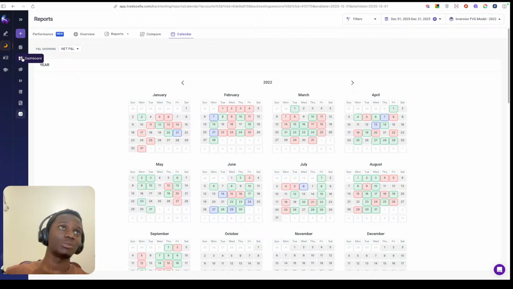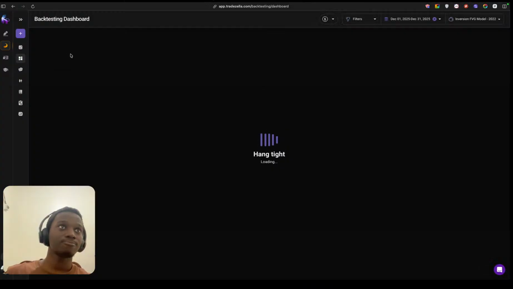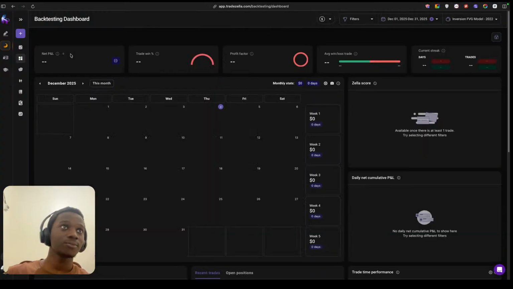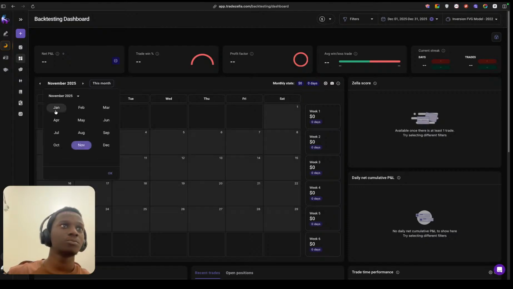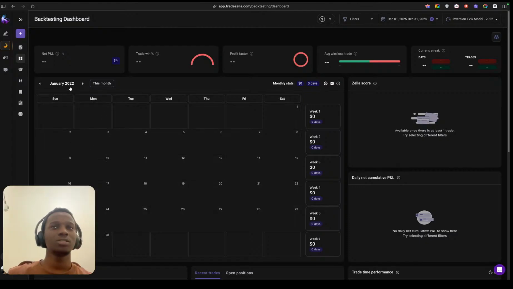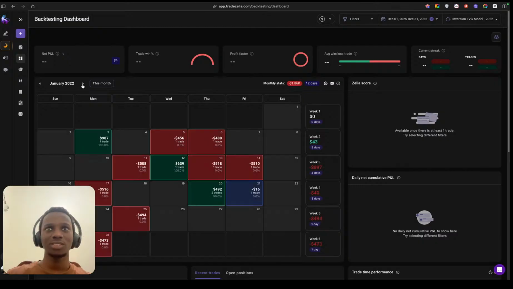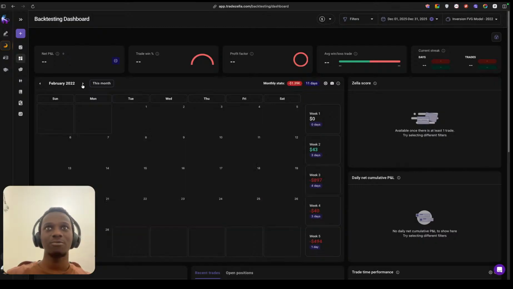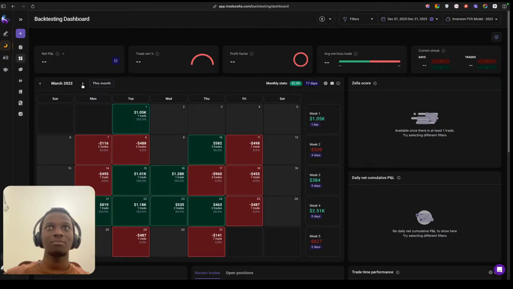When we check the dashboard, in January 2022 you can see we were down 1.86k, negative month. February, negative month. March wasn't negative.